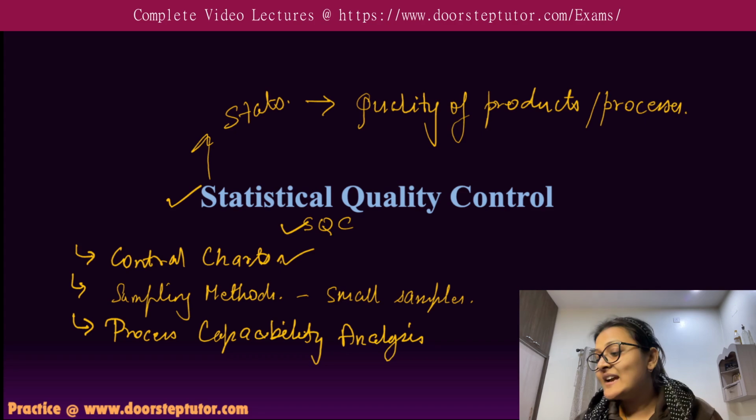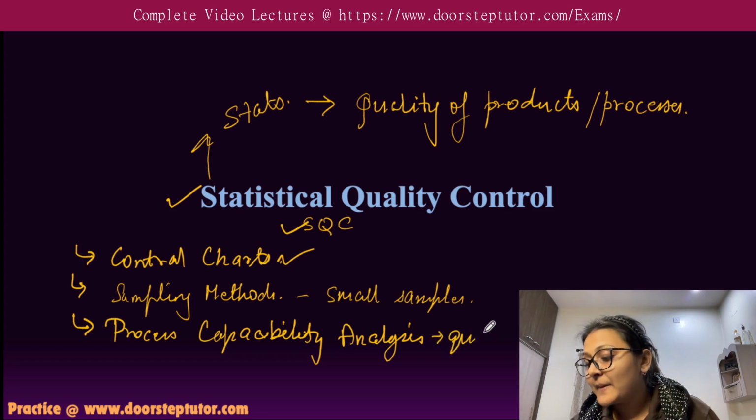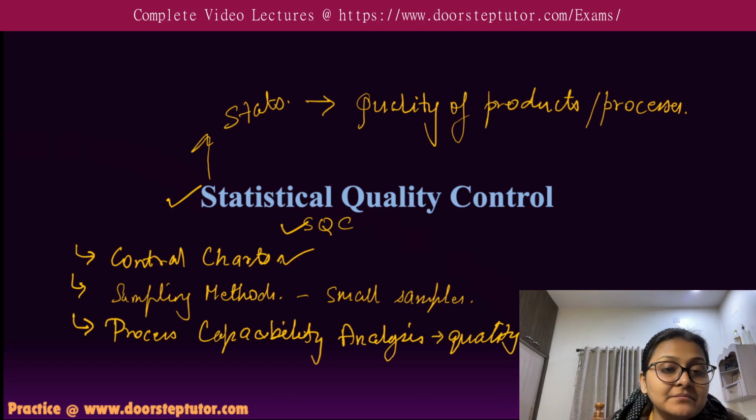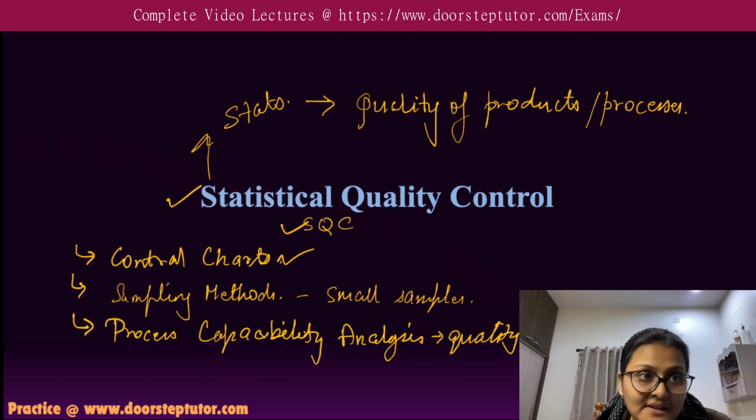So quality becomes the main part under the process capability analysis. Standard quality products have to be delivered to the customers. For example, imagine there is a bakery and they are making cookies.